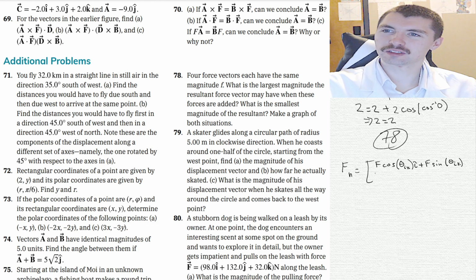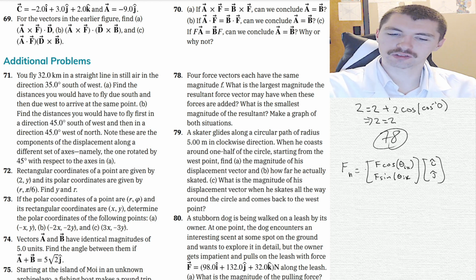And then the y component, that is the y component. What is it? And if you want, these are the unit vectors.